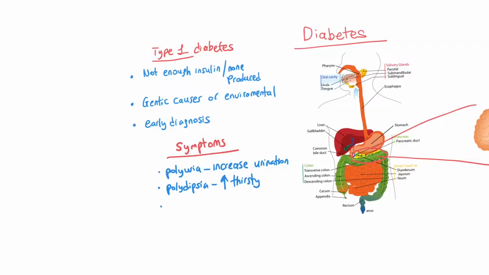Ironically, one of the main things they present with in GP is actually weight loss, which is obviously non-specific, but just be aware of that. Or nausea, lethargy. And to tell the truth, they often present to the clinic or in secondary care with symptoms of DKA or diabetic ketoacidosis, which we will cover later in the video in more detail.